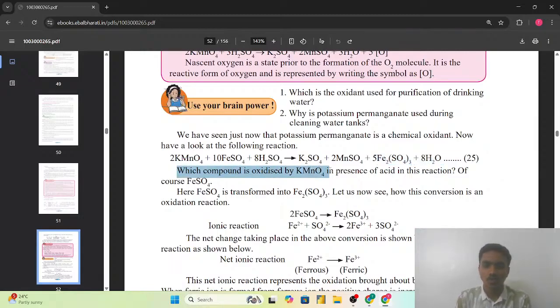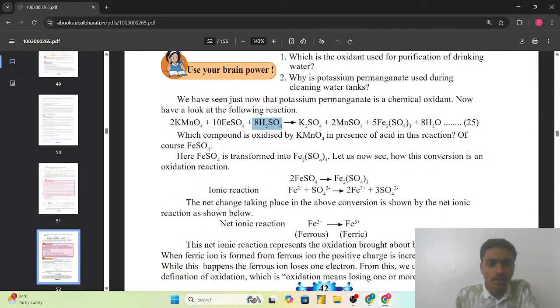So which compound is oxidized by KMnO4 in presence of acid in this reaction? Of course FeSO4. तो FeSO4 यहाँ पर oxidized हुआ है by the KMnO4 in the presence of the acid of the reaction, that is the H2SO4 sulfuric acid.